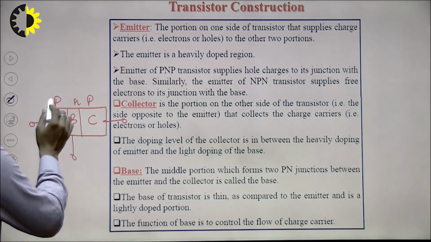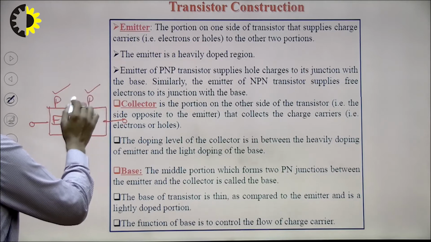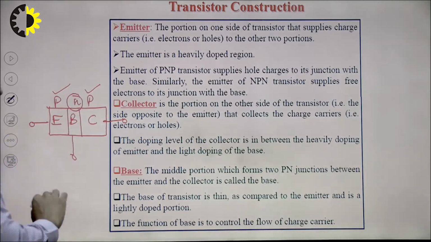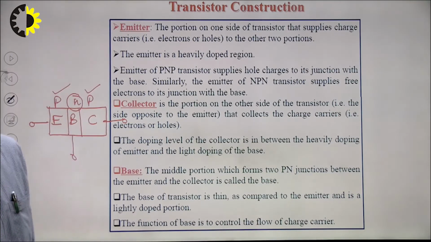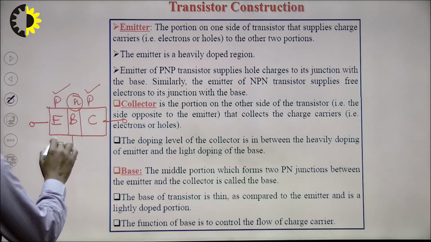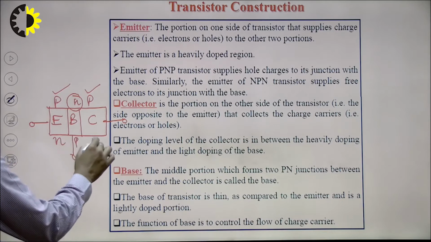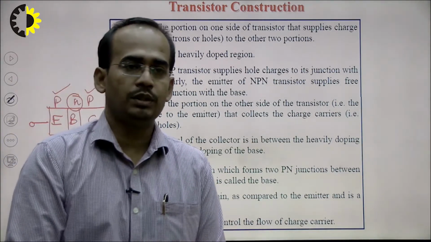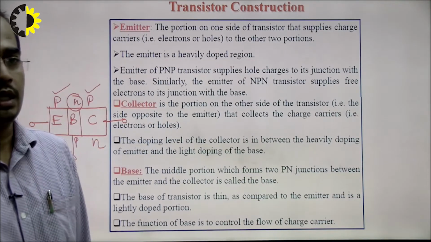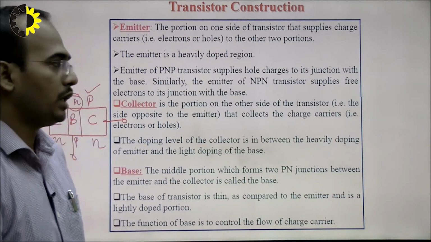Suppose we have taken 2 p-type semiconductor materials and sandwiched the opposite type of semiconductor material between the p-type material. Similarly, to construct an NPN transistor, you take 2 n-type semiconductor materials and sandwich the opposite type of semiconductor material between the n-type material.